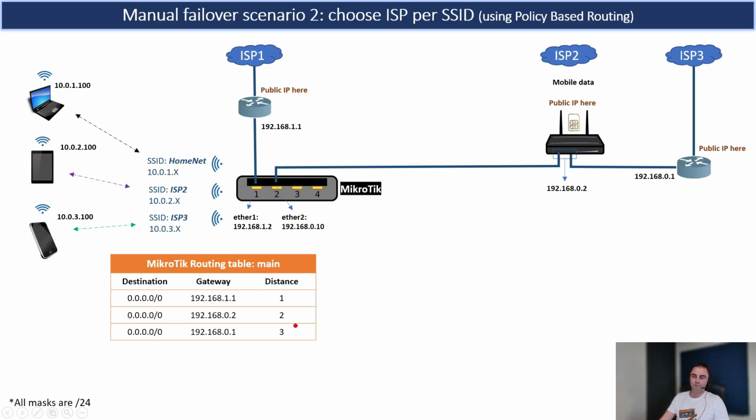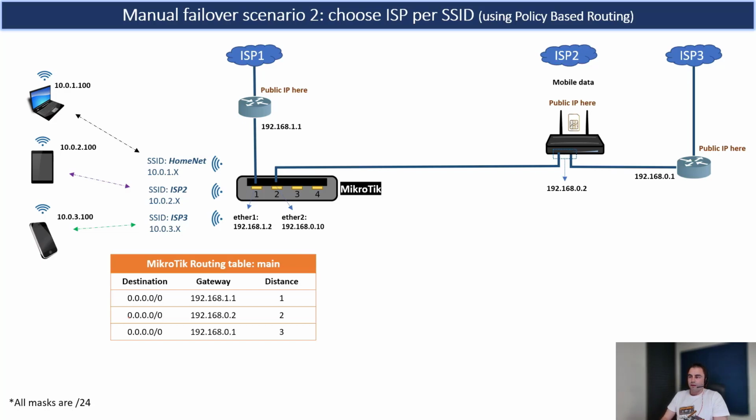You either have different priorities or distances here, and only one gateway will be used for all the devices. Or if you have the same distance, it will load balance, but not based on the SSID. It will load balance based on its own logic, which is typically per session. And you can have different sessions from one client, so you don't control it.